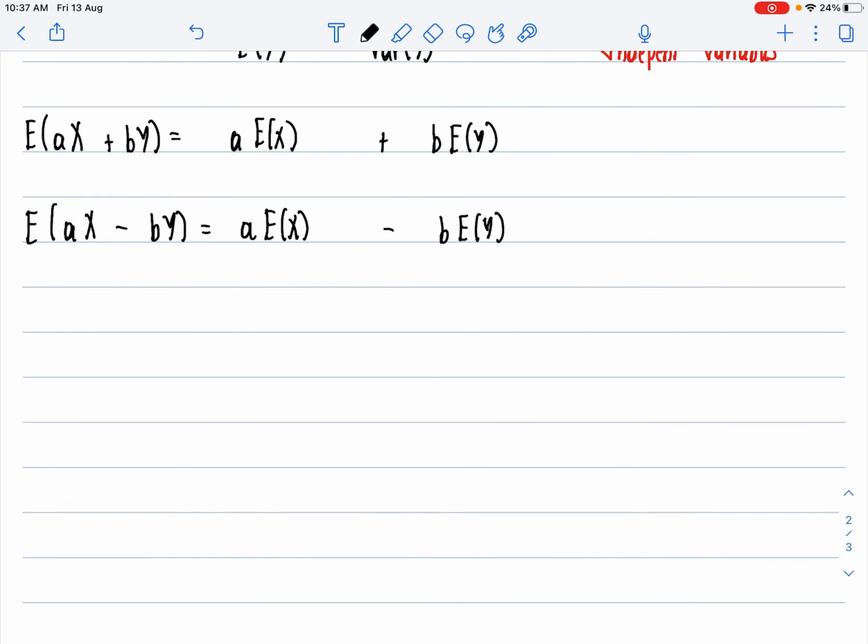Now comes the variance, which is important. I have the variance of AX plus BY.